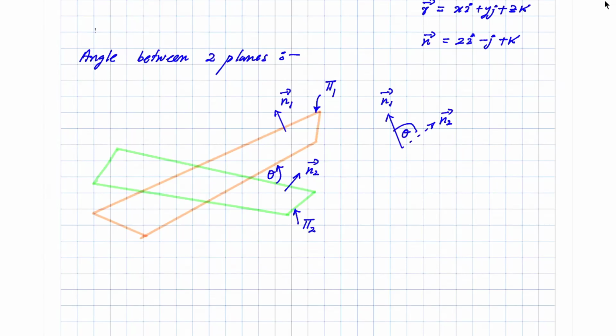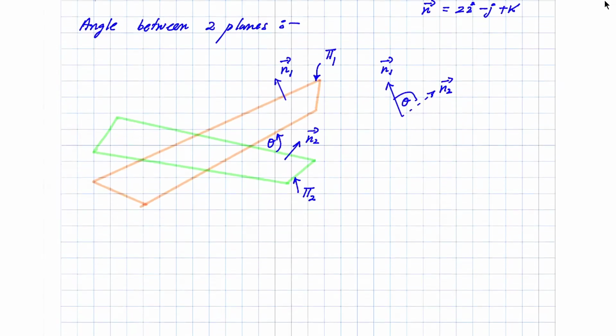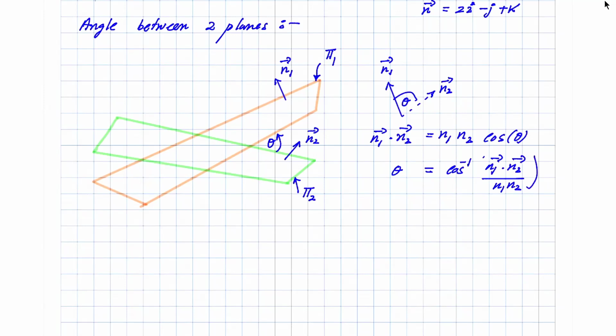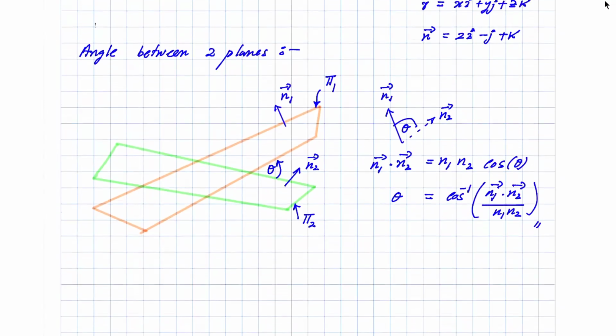So if you need to find the angle, you always do the dot product. n1 vector dot n2 vector equals the mod of n1 times the mod of n2 times cosine theta. So from here easily you can find theta, which is going to be cos inverse of n1 vector dot n2 vector divided by mod n1 times mod n2. So this is how you find the angle between two planes.